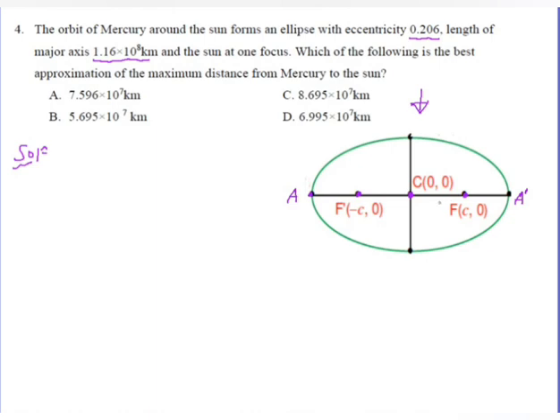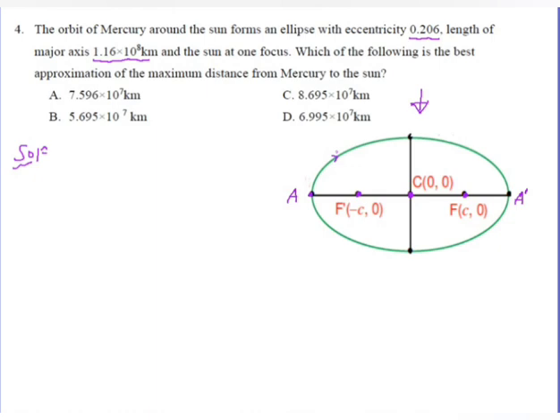And from the given problem, we have Mercury traveling on this kind of trajectory. Okay, the path of an orbit is elliptic.